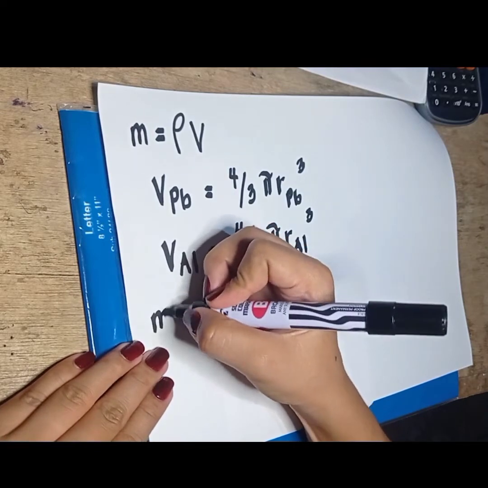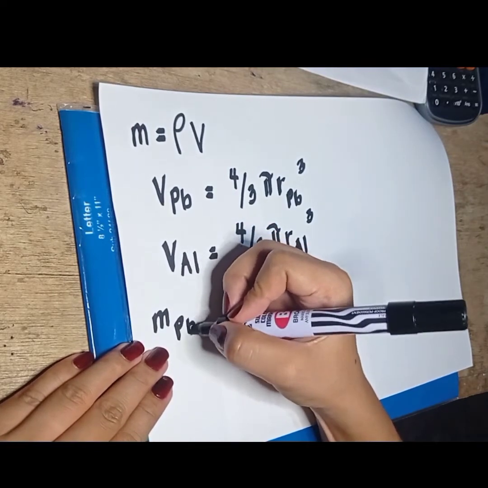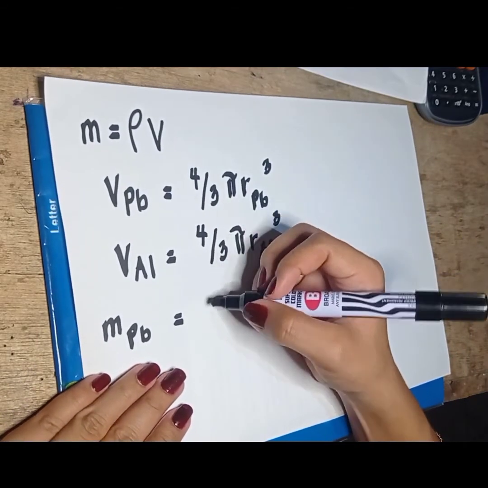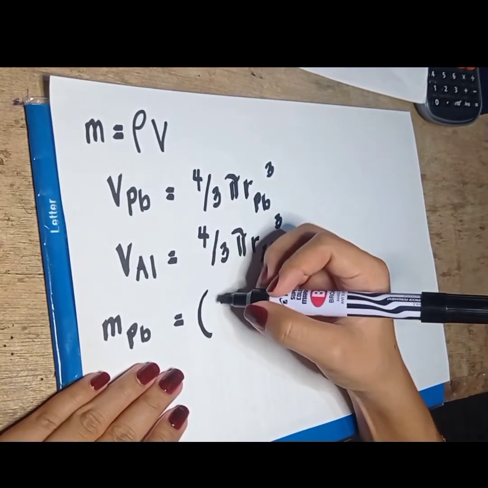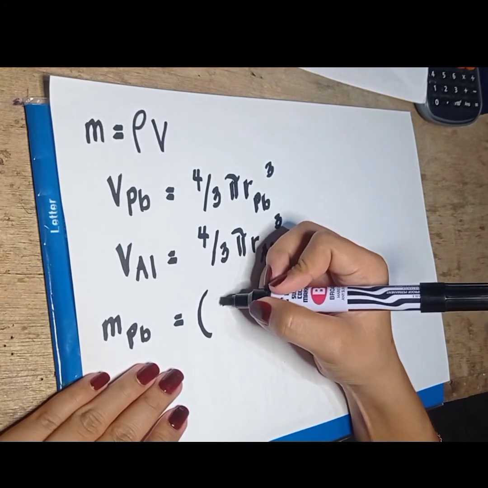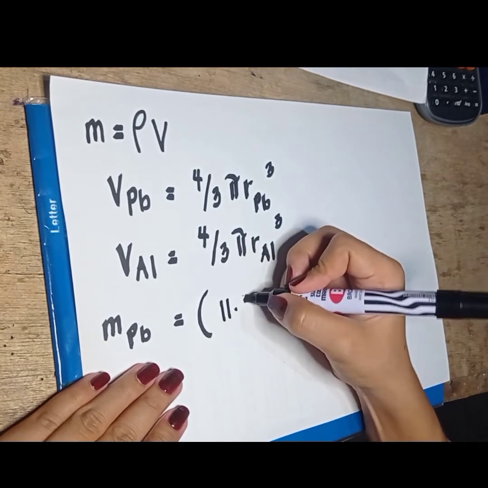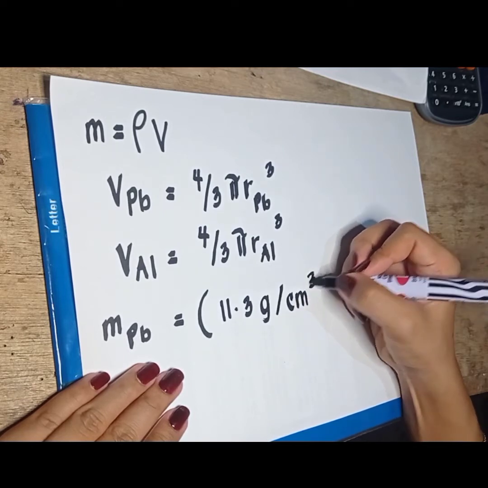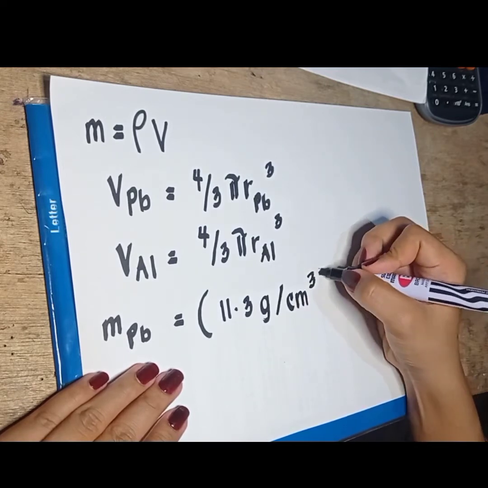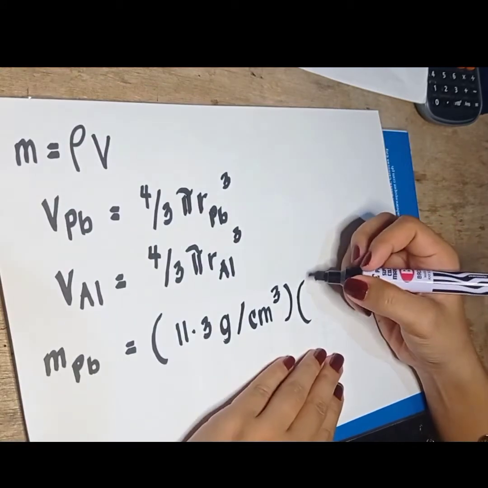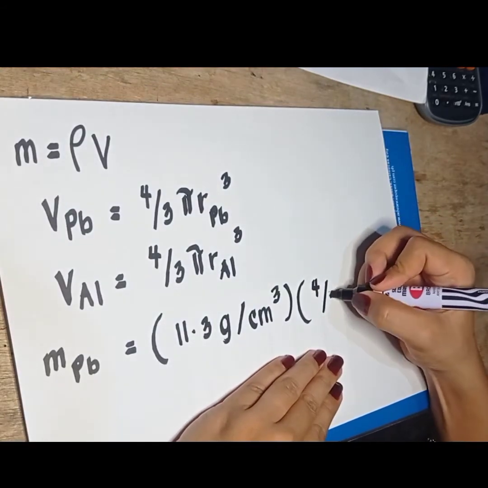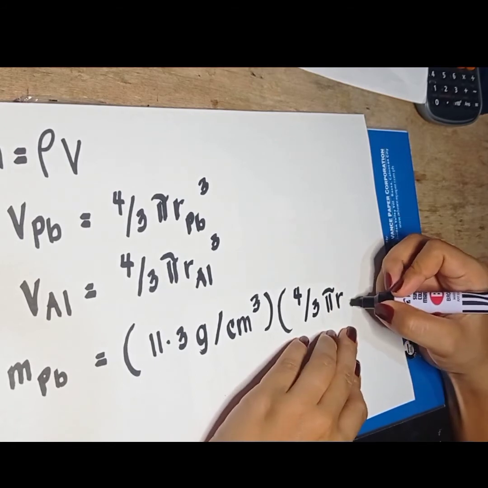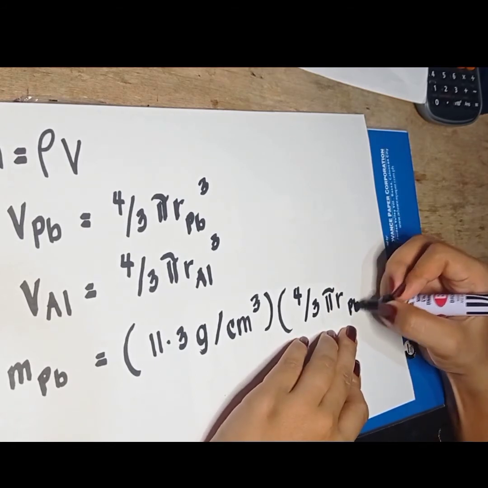The mass of the lead is equal to the density, 11.3 grams per cubic centimeter, times the volume, which is 4/3 pi radius of lead cubed.